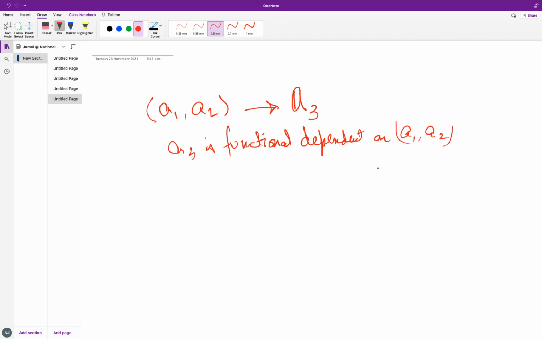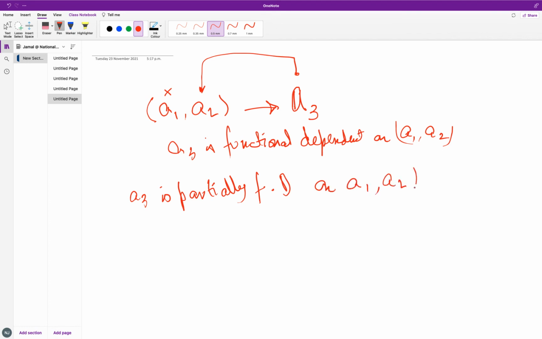Now it is possible that in actuality A3 is only dependent on A2, not on A1. So it means that A3 is partially functionally dependent on this key. So this is the key, A1, A2.